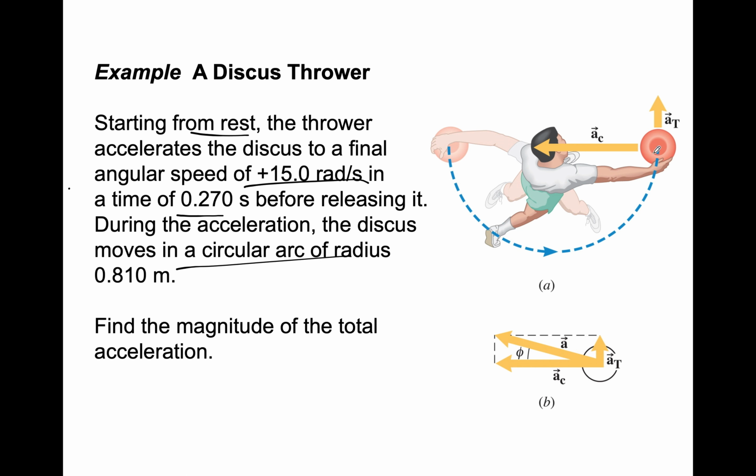So in this case, we have a centripetal acceleration, which is pointing to the rotation axis. And we do have a tangential acceleration because angular speed changed from 0 radians per second to 15 radians per second. So we need to calculate AC and AT, and then we can use the Pythagorean theorem to calculate the total acceleration.